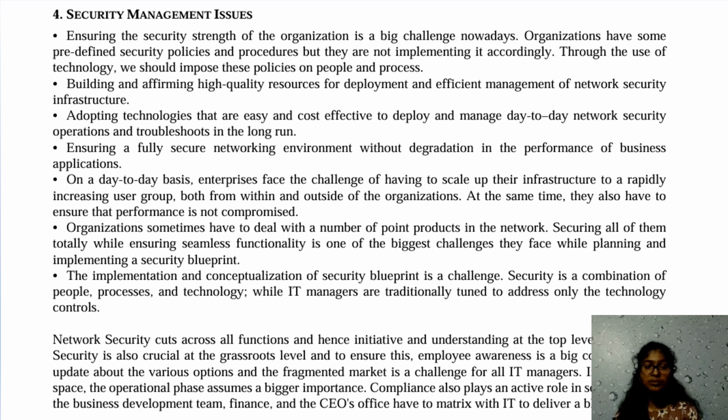This can be a very big challenge for the organization. Coming to scalability, as the network grows, so does the complexity of maintaining security. Balancing security with performance is also important for maintaining system security, and managing multiple security products, like integrating different tools without disrupting functionality, is also a challenge faced by network security organizations.